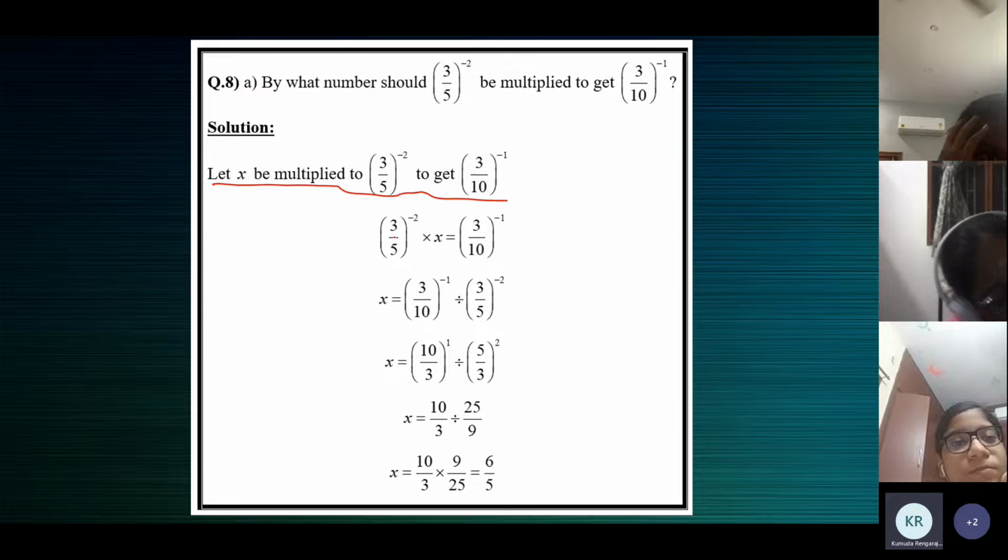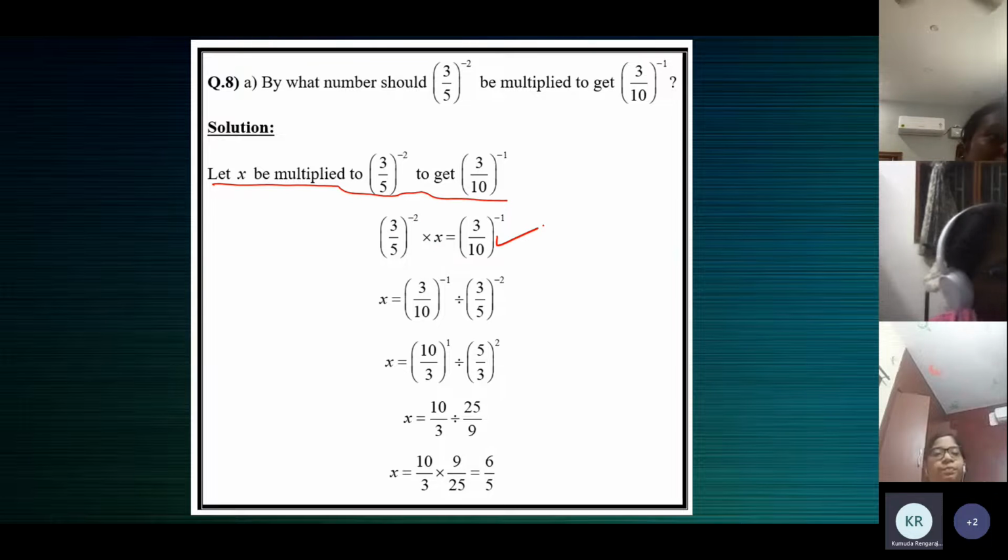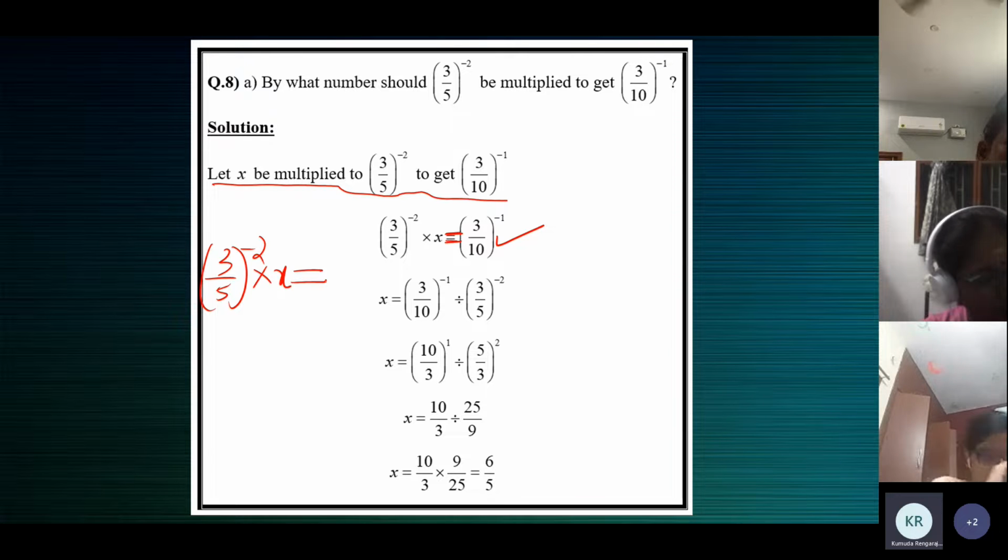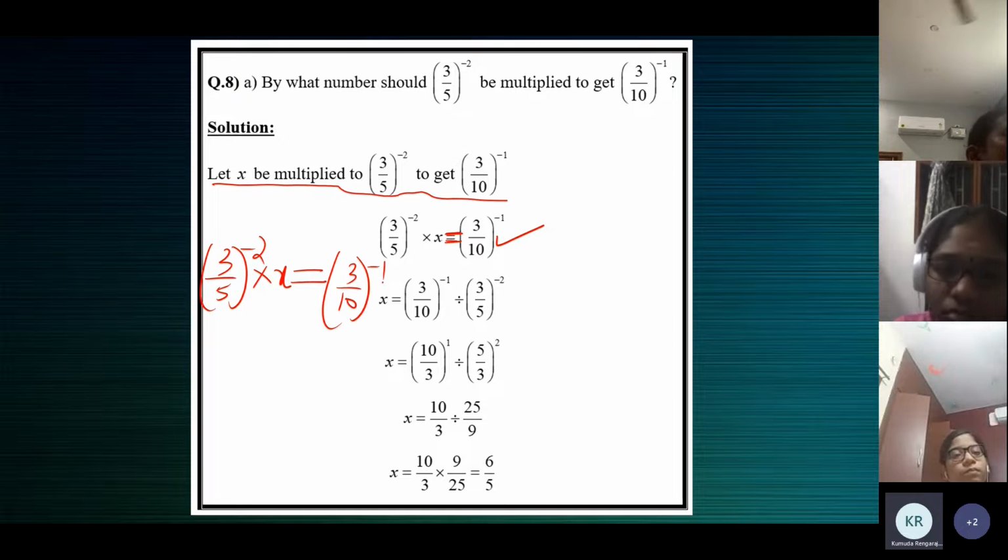So this is the first step. (3/5)^-2 multiplied by x equals (3/10)^-1. To get means equal to.